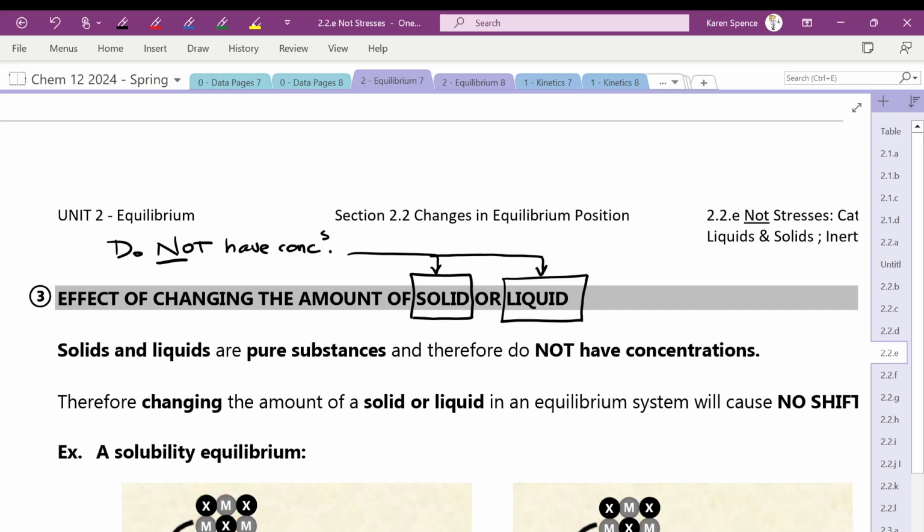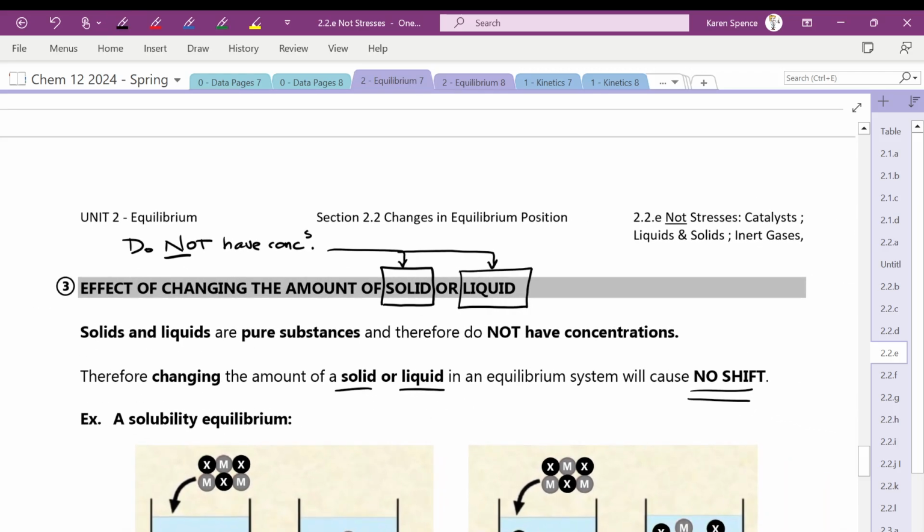Even if you put in a lot of solute, it is insignificant compared to the amount of water. The amount of water stays basically the same. The concentration of water is approximately the same. So therefore, changing the amount of solid or liquid will cause no shift, because you are not changing its concentration, you are not changing the number of collisions.